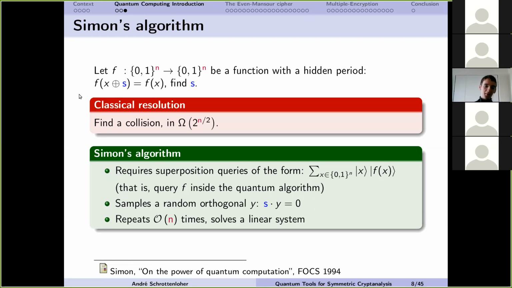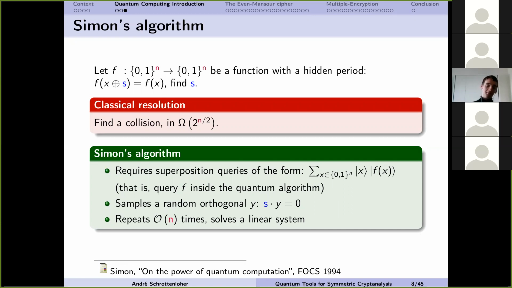where you have a function and the function has the same outputs on x and x XOR s for some period s. Now, if you want to solve this classically and you only have access to the function f as a black box, then this is going to require finding a collision of f, basically. And finding a collision of f means time 2 to the n/2.